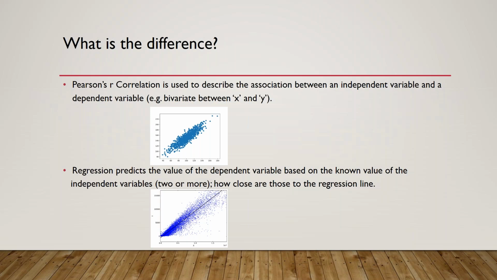This can be based on a known value of the independent variables, two or more, or if you want to look at a simple linear regression, it's how one variable predicts another one. It also looks to see how close those two variables are to the regression line. The regression line is basically the line between X and Y and where each of the responses tend to fall.